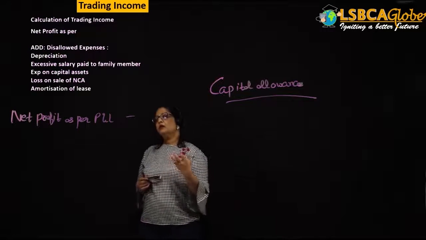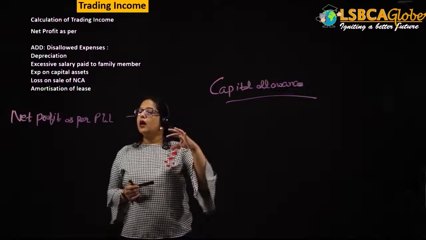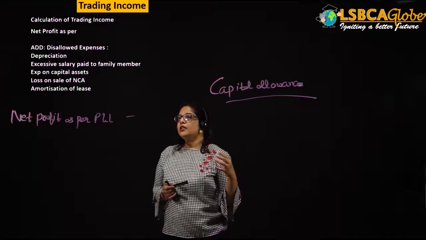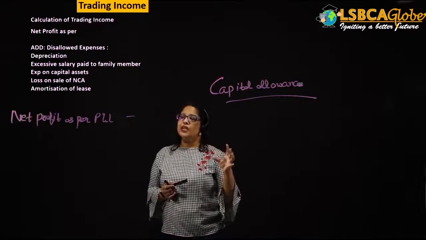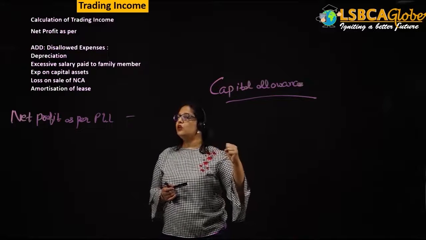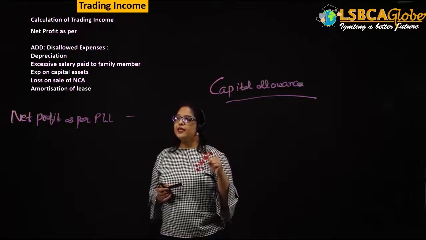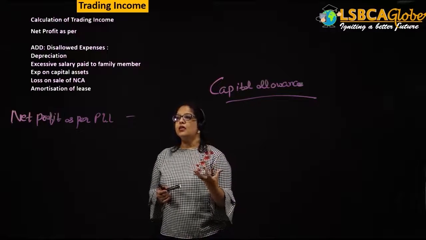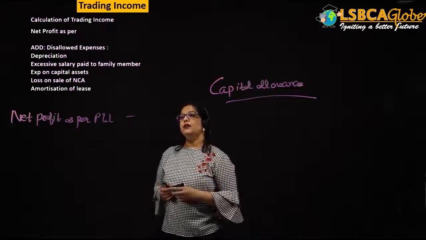Example: the husband and wife are running a company. Husband has appointed wife as a sales director. Husband is paying wife 18,000, but the normal salary payable to a sales director is 12,000. It means the excessive 6,000 is to be added back.